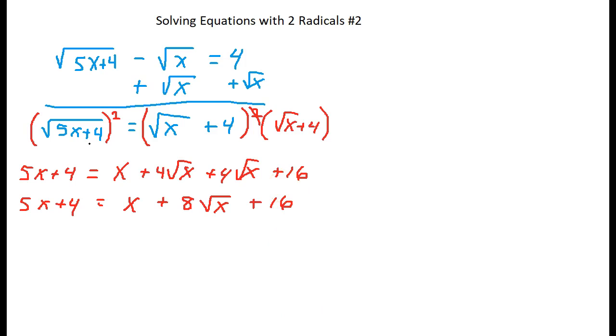Now what I'm going to do is move my x and my 16 to the other side of the equal sign, to the left side. I'm going to isolate the square root of x. So, let's see.